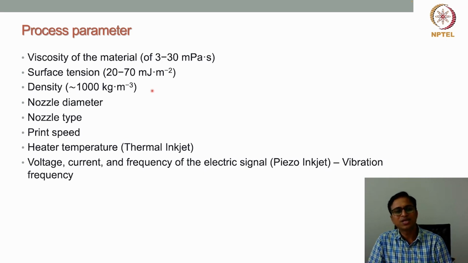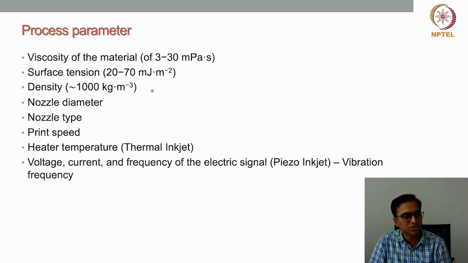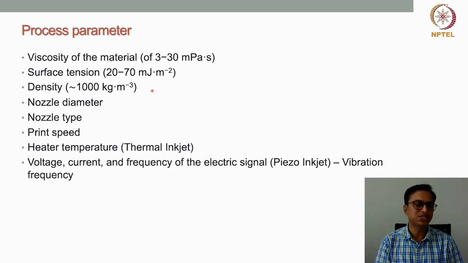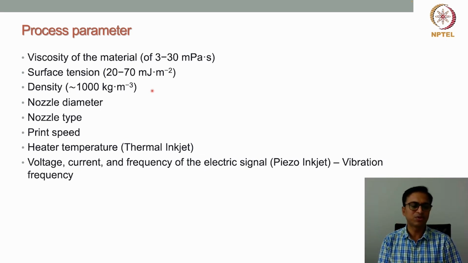So the nozzle diameter is an important process parameter, and the generated droplet size is related to that nozzle diameter. But we need to remember another thing. If the nozzle diameter is decreased, we can produce very fine droplets, but there will be a high chance of nozzle clogging, right?